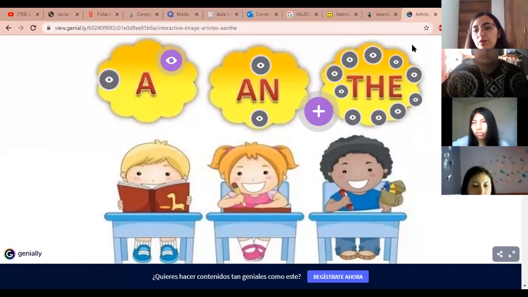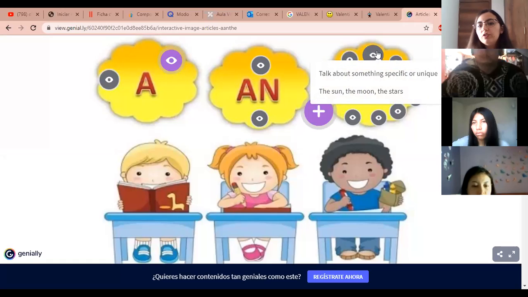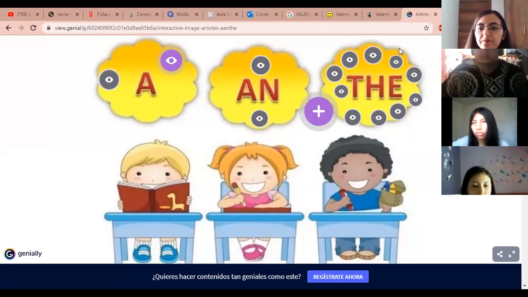Yes, something that you know, something specific, right? So when you are talking about something specific or unique, you use the article the before this noun. For example, here we have the sun, the moon, and the stars. Also, you have some other cases where you are going to use this article the.